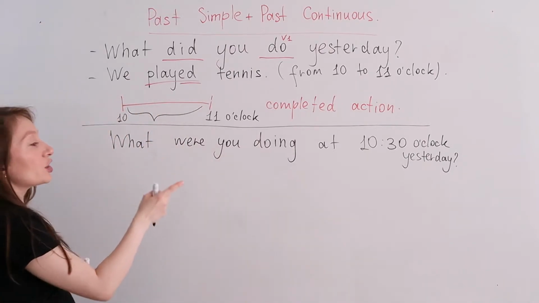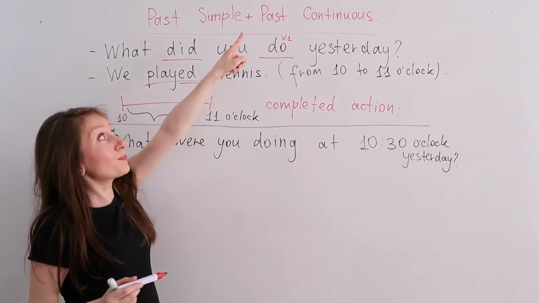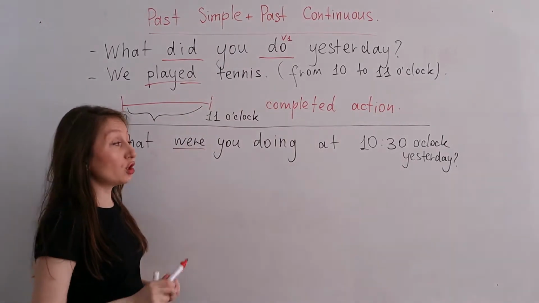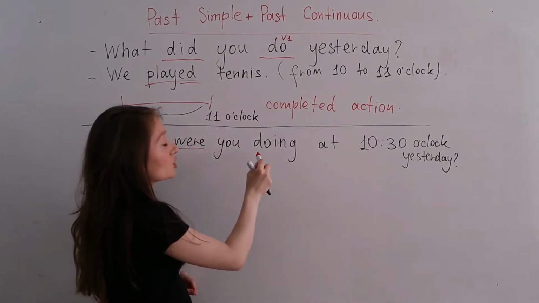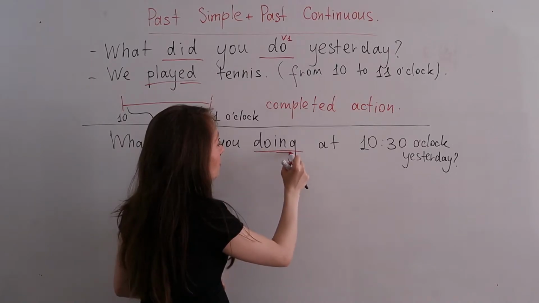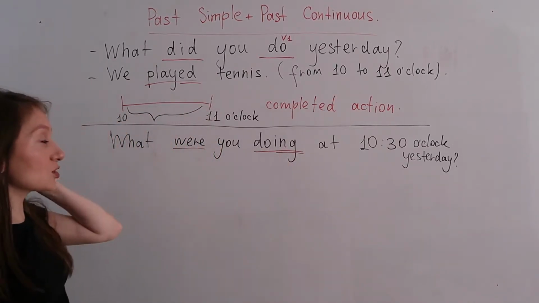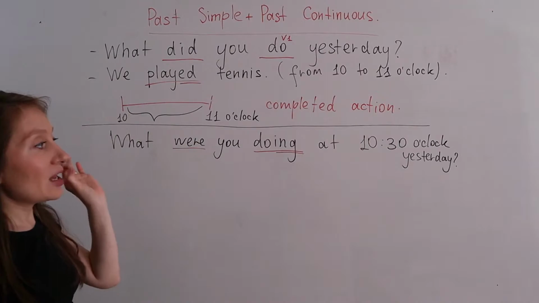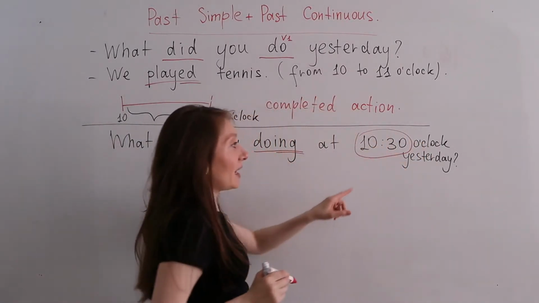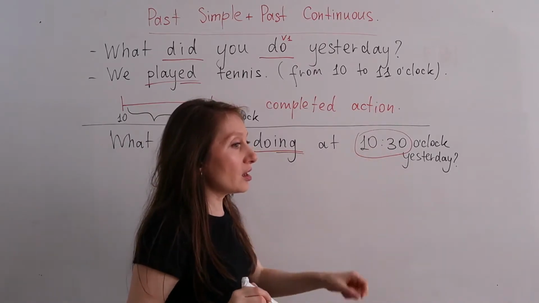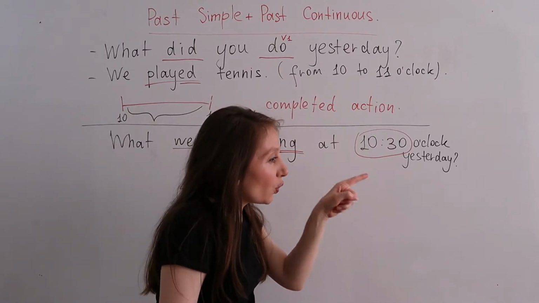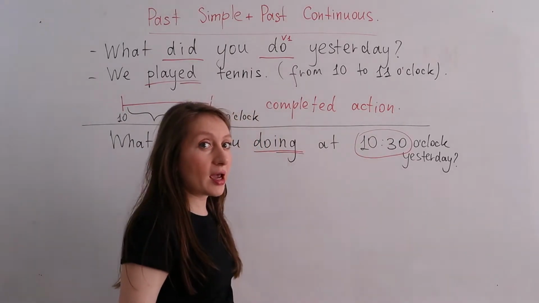Alright? So, you see from the construction that it's past continuous because you have the verb to be, was, were, with you it's were, plus you have the verb do, main verb with ing ending, right? So you see from the construction, exactly, plus we have here specific time, exactly at 10:30, at that time, yesterday, what were you doing, right?